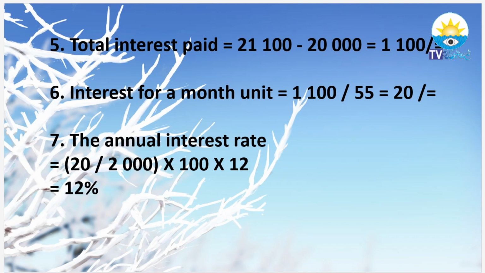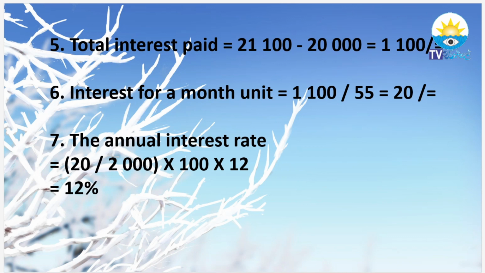As in our previous questions, the difference between the loan and the amount paid to settle the loan is equal to the interest. So you have to subtract 20,000 from 21,100. The answer is 1,100 rupees. That is the total interest.